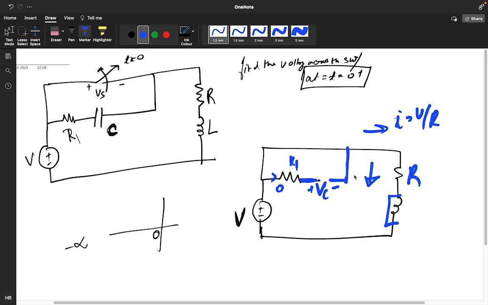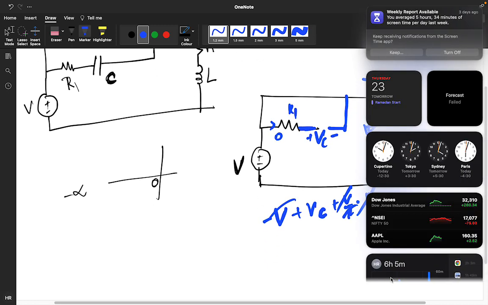So what will the value of Vc be? Minus V plus Vc plus 0 into R1 plus V by R into R is equal to 0. So this value gets cancelled out, and Vc is 0.